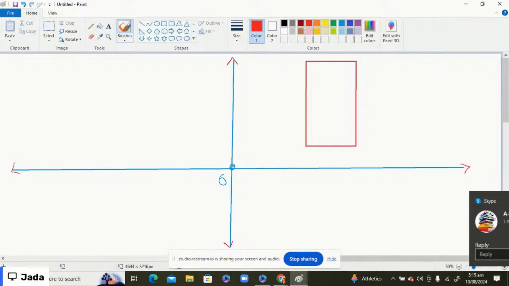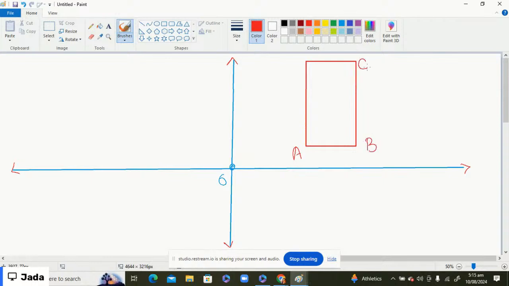The first point is a, this is your b, that one is c and this is your d. What is your a point? Let's write some points over there.